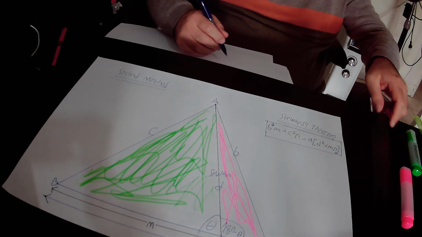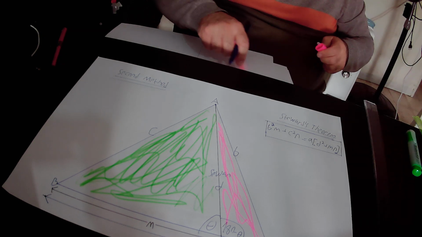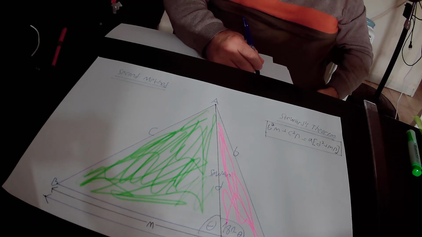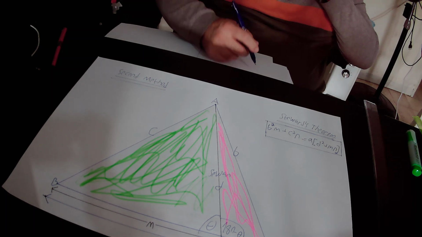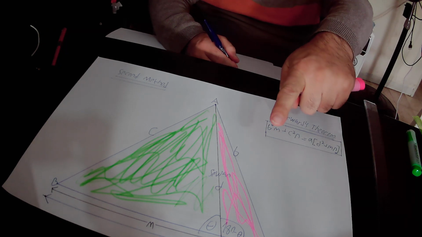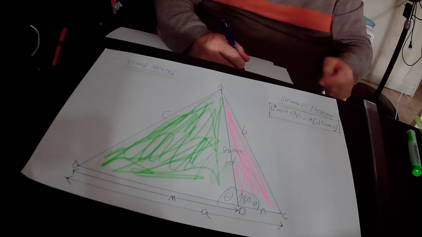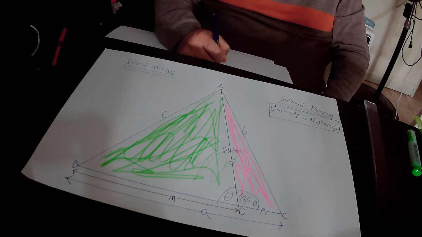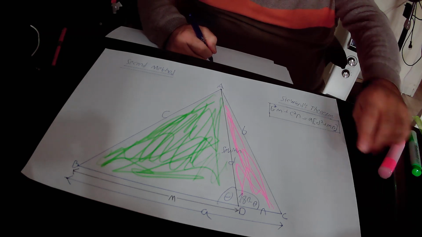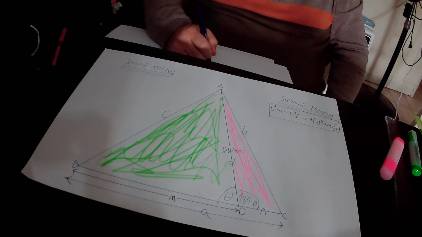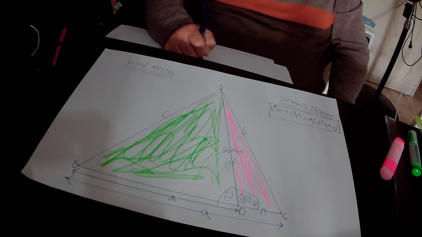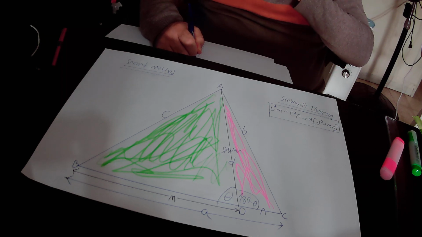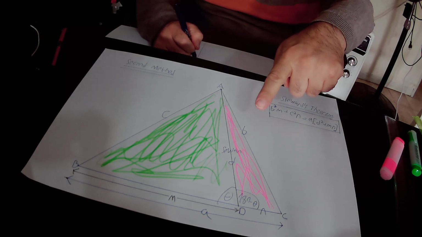According to the law of cosines, in the pink triangle ADC, cosine of 180 degrees minus theta equals d squared plus n squared minus b squared over 2 times d times n.